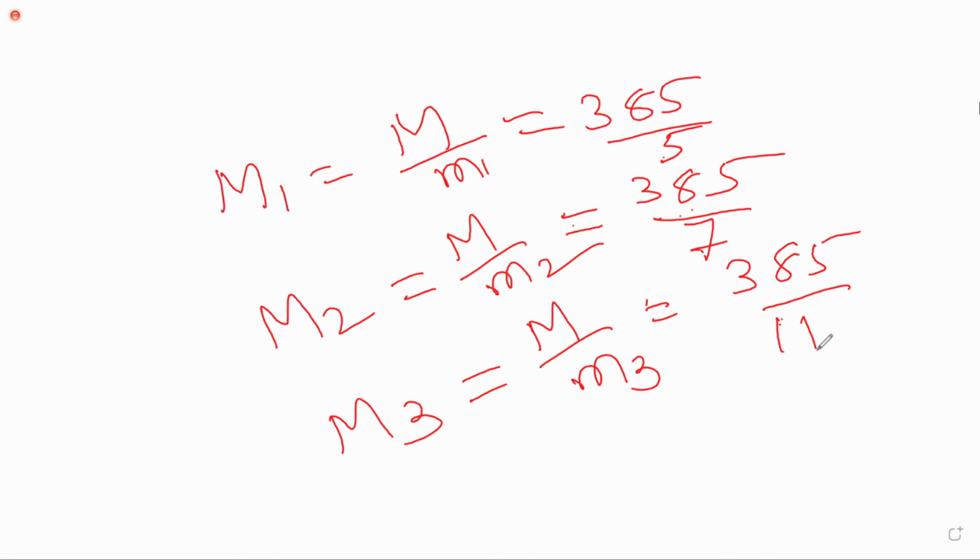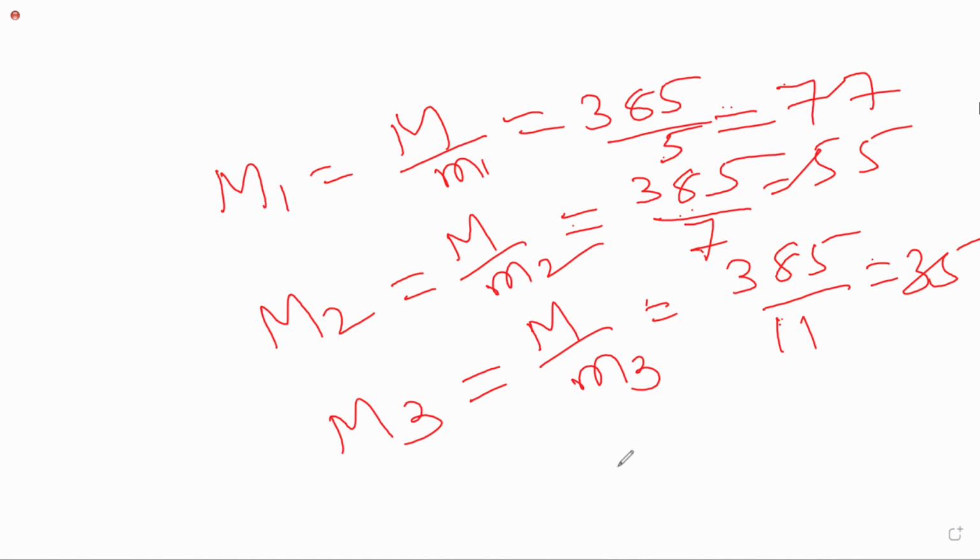So can you calculate what is the result? 77, 55 and 35. Very good. So 77, 55 and 35 is the result. So we have calculated capital M1, capital M2 and capital M3.